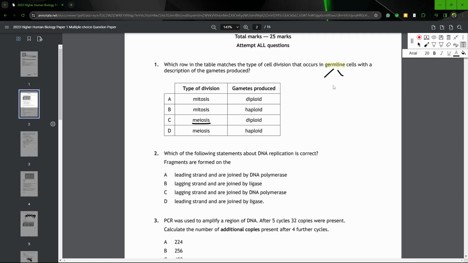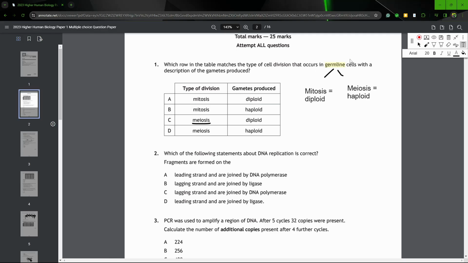But they can also use mitosis to divide, but that will create diploid cells, because they'll just be creating other copies of themselves.